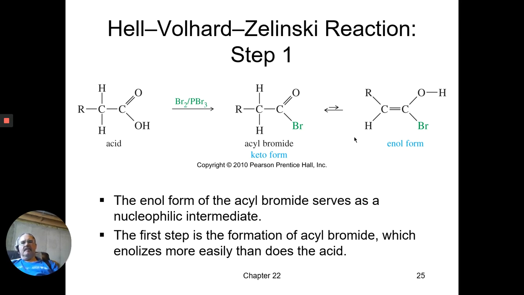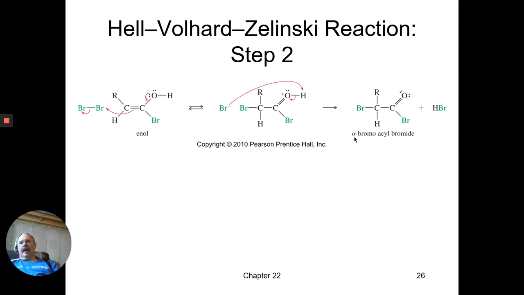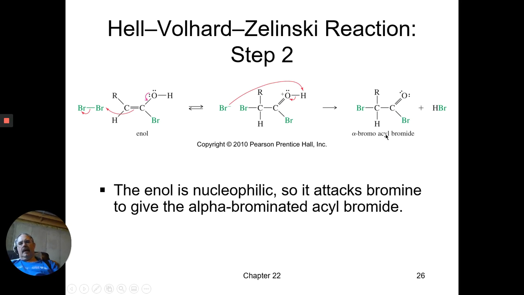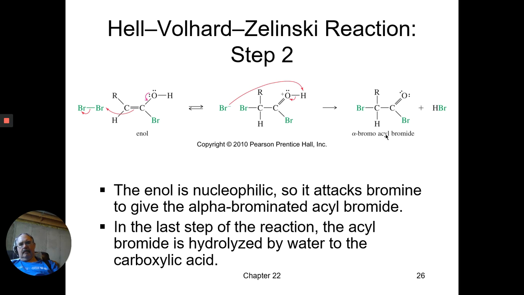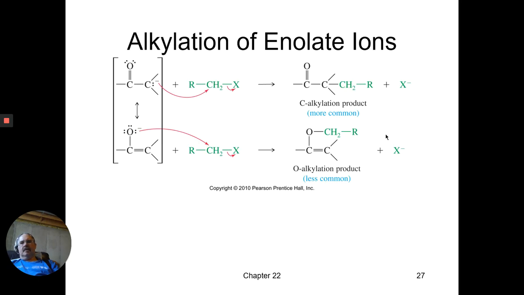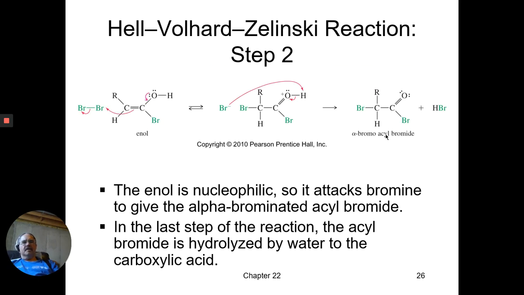Once we form the acyl bromide, then we form the enol, and once again, just like with the formation of alpha haloketones, oxygen pushes down, the alkene group attacks the bromine, bromide removes this hydrogen, and we get our alpha bromo acyl bromide. So when we add water, the acyl bromide is much more easily hydrolyzed than the alkyl bromide.